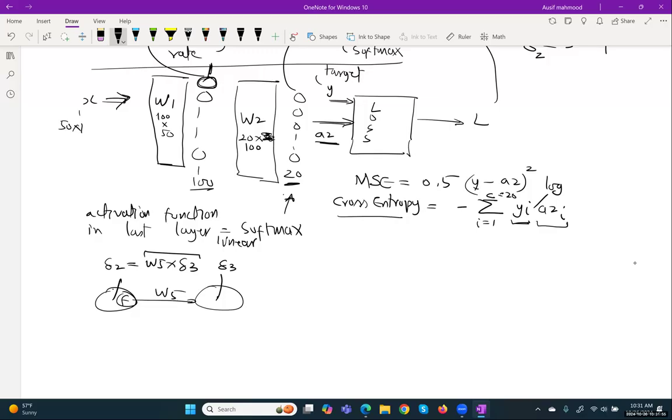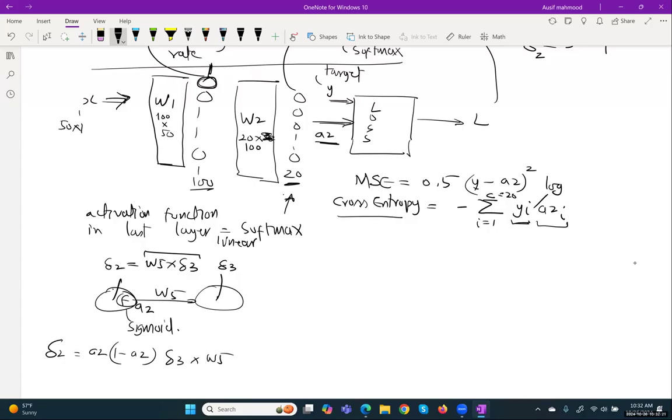Now let me ask you, what if it is a sigmoid? And if I call this output A2, exactly. So the relationship of delta 2 and delta 3 will be A2 times (1 minus A2), then further, delta 3 times W5.